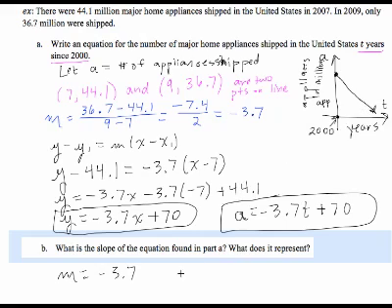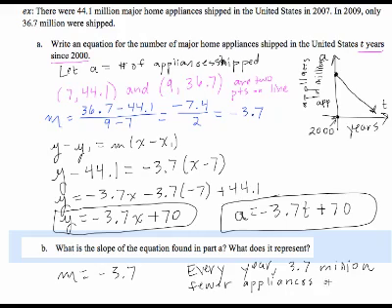So that means every year 3.7 million fewer appliances are shipped. They can only go on for so long, right?